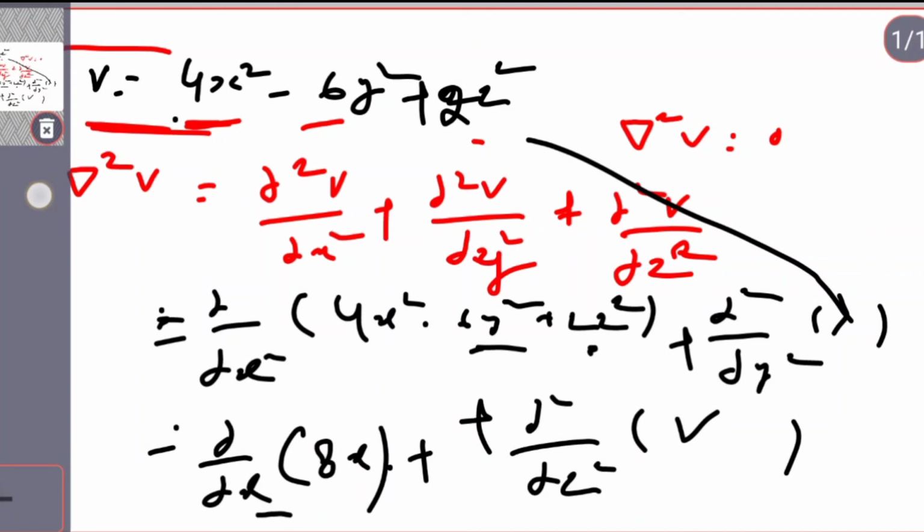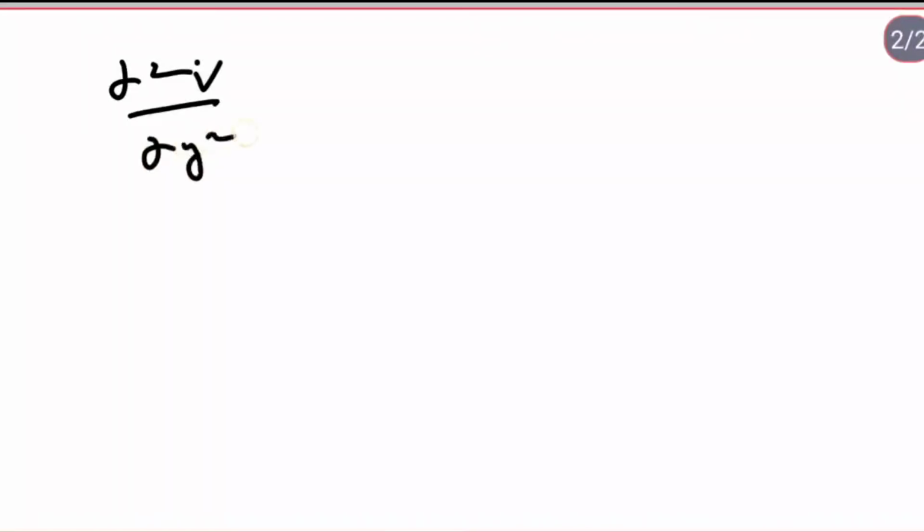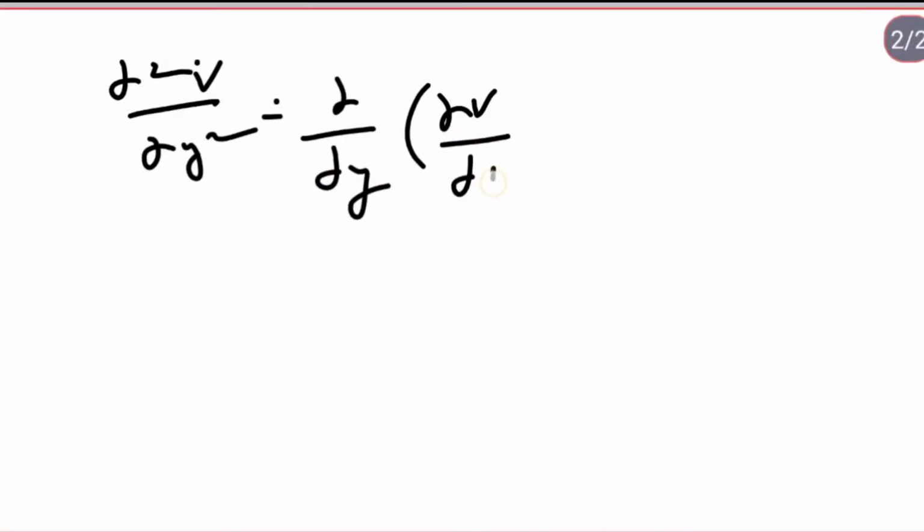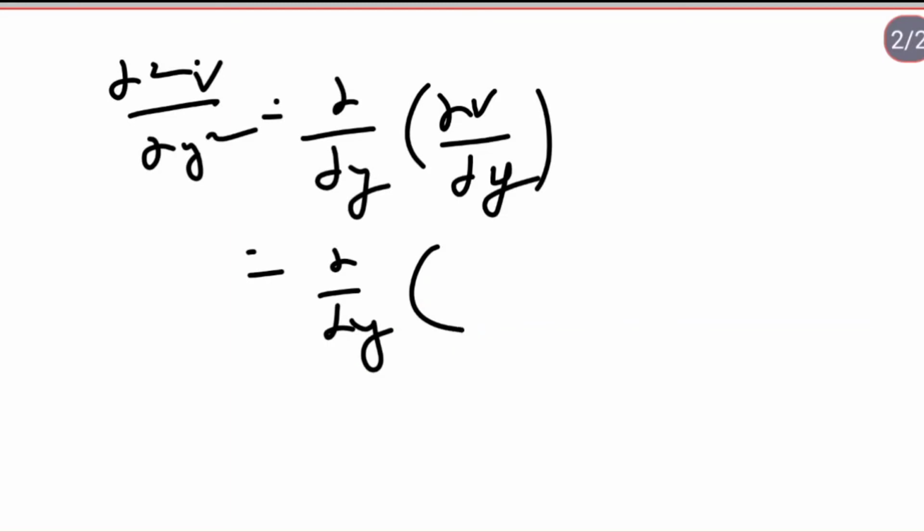Now dou square V by dou y square, which is dou by dou y of dou V by dou y. The partial differentiation of 4x square minus 6y square is minus 12y.